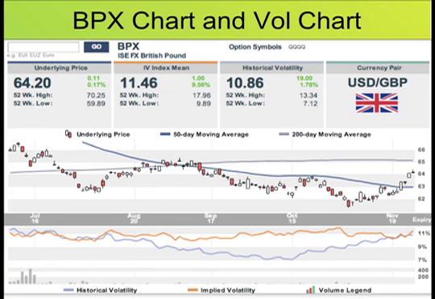Now, what does that tell us? Well, we can infer that the market is telling us that they think the volatility for BPX will be more than the actual volatility of BPX has been over the past 30 days.